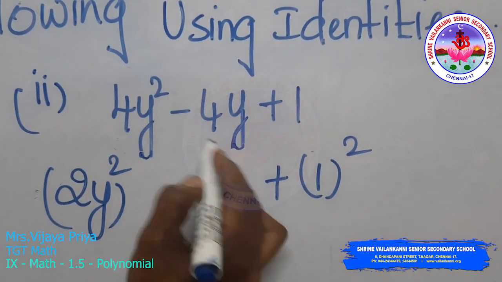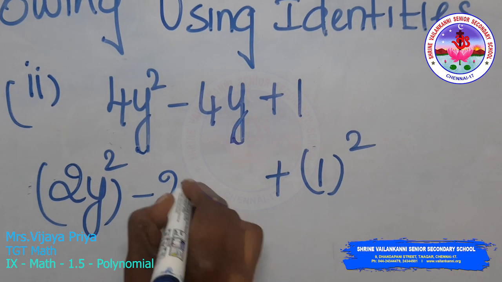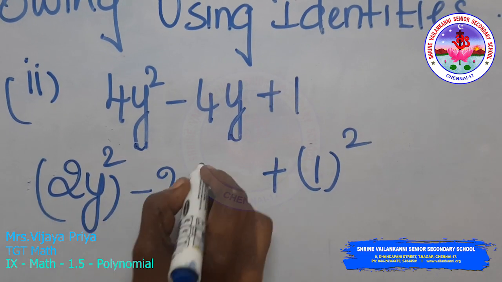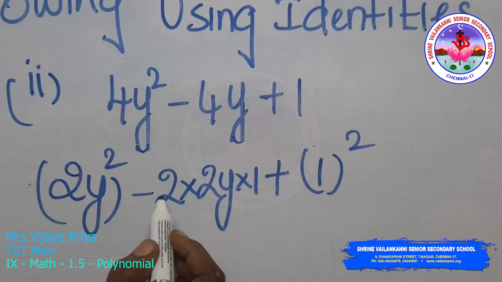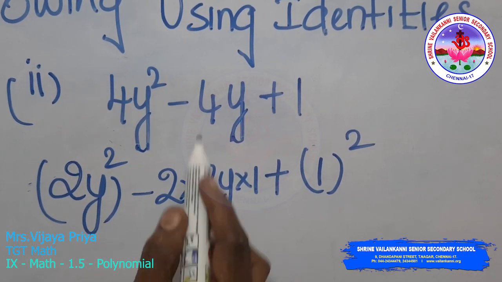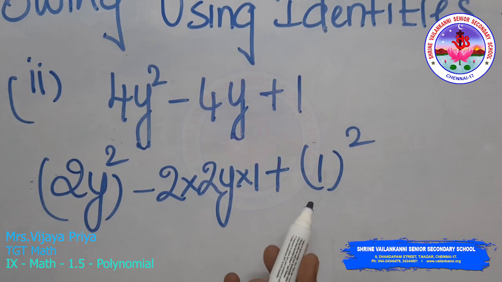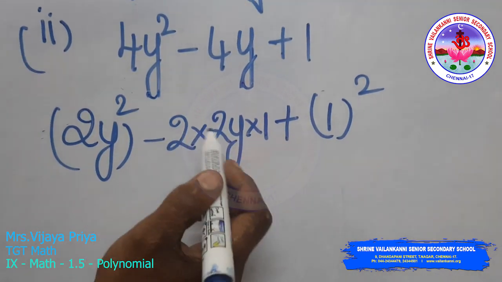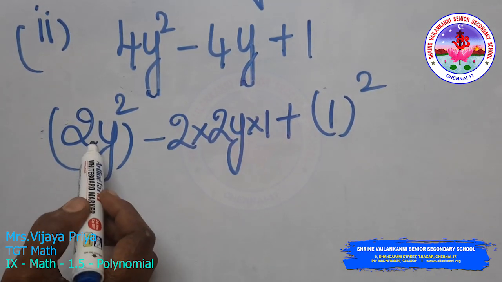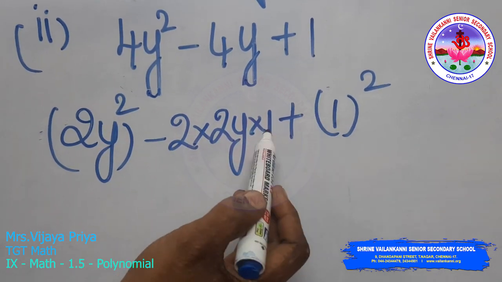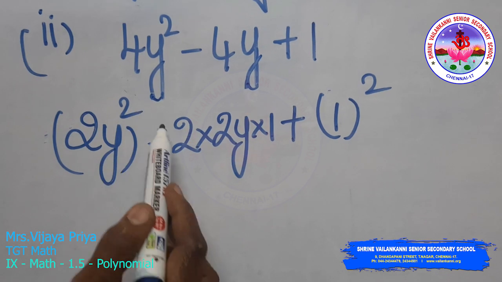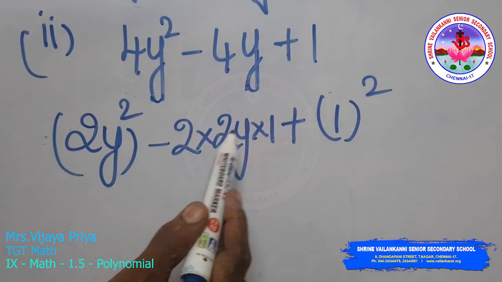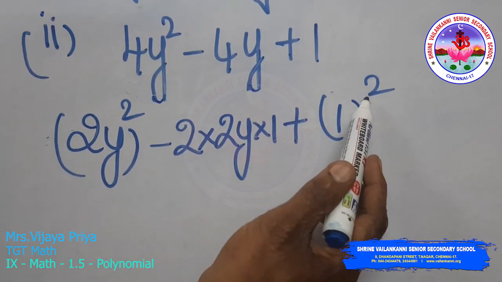So I am going to write the middle term as 2 into the first term 2y into 1. This is of the form 2 into x into y. Using the formula for (x − y) whole squared, you will have the middle term as minus 2xy, where in the x place you have 2y and in the y place you have 1. So I brought this in the form of (2y) whole squared minus 2 into 2y into 1 plus 1 squared.